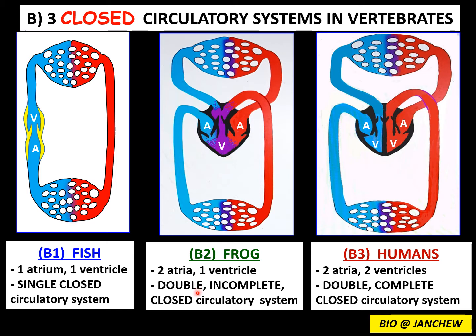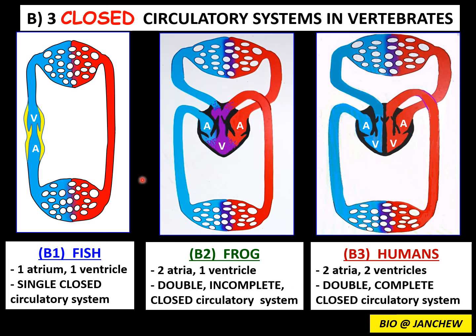The frog has a double incomplete closed circulatory system. Humans have a four-chambered heart with two atria and two ventricles. And these are the right atrium, left atrium, and then the right ventricle and the left ventricle. So humans have a double complete closed circulatory system.